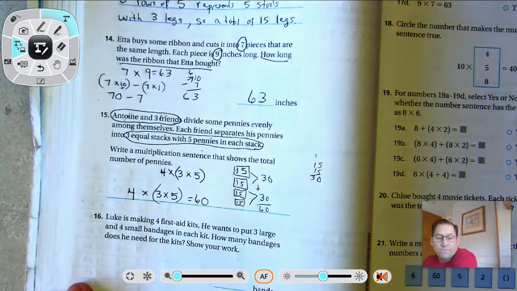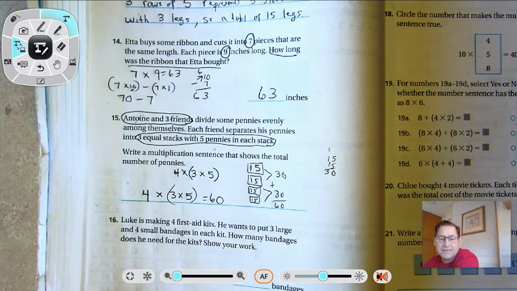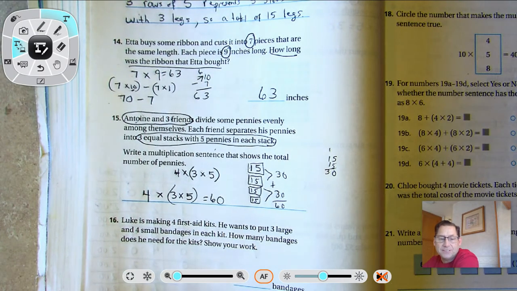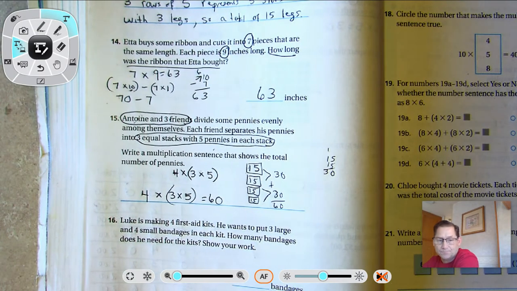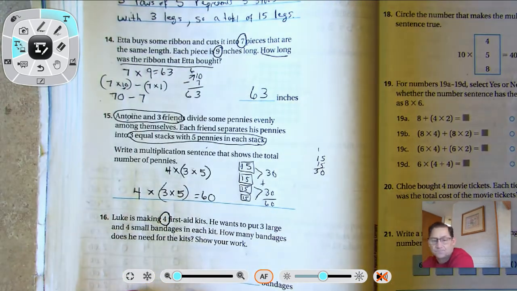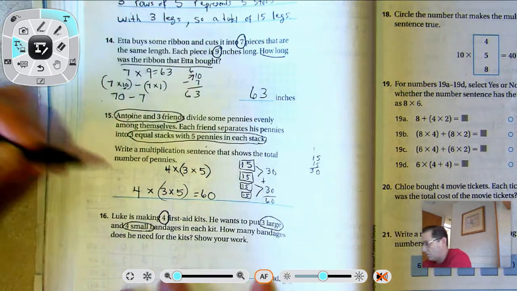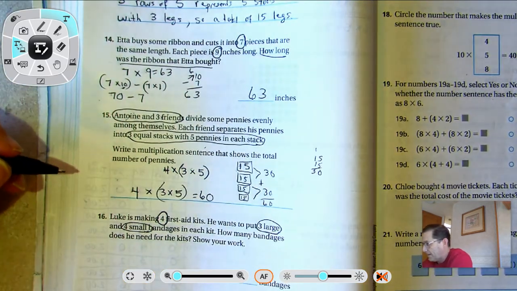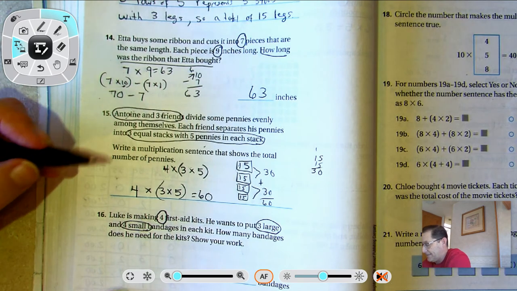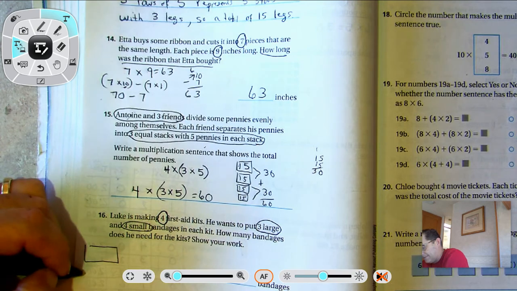Luke is making 4 first aid kits. He wants to put 3 large and 4 small bandages in each kit. How many bandages does he need for the kits? Show your work. Okay, so we know he's making 4 kits. He's going to put 3 large, 4 small in each kit. Well, let's go ahead and draw our kits.